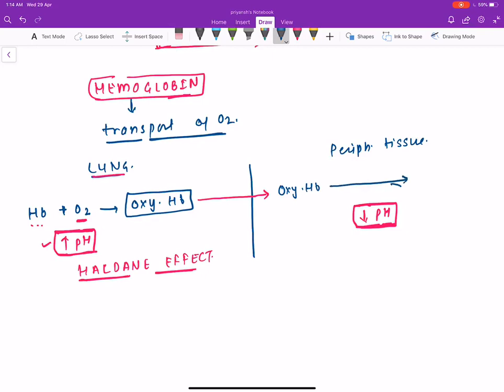So it will deliver the oxygen, and once the oxygen is delivered, the deoxygenated hemoglobin will remain. You have got the oxygen unloaded here because of the decreased pH. This unloading of oxygen because of decreased pH in the peripheral tissue is referred to in the physiology book as the Bohr effect.